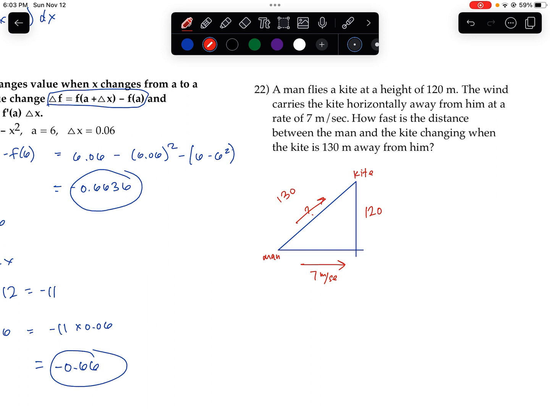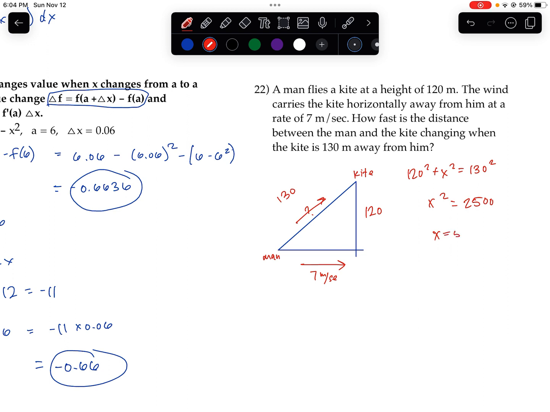So for variables, let's find x. Using the Pythagorean theorem, we can say 120 squared plus x squared is equal to 130 squared. So 130 squared minus 120 squared is equal to 2500, and we take the square root of that and we get 50.